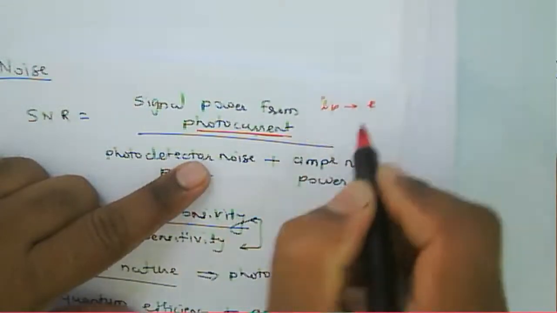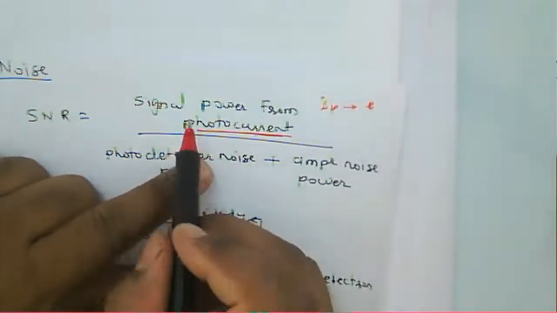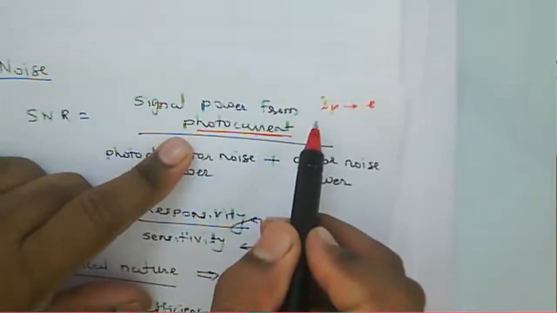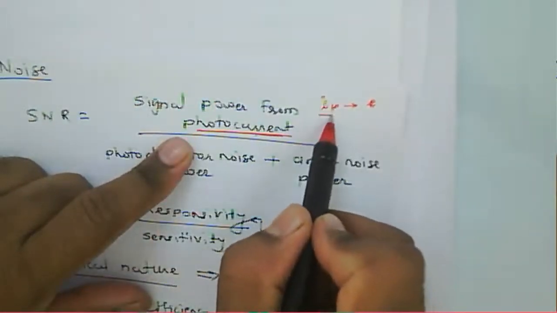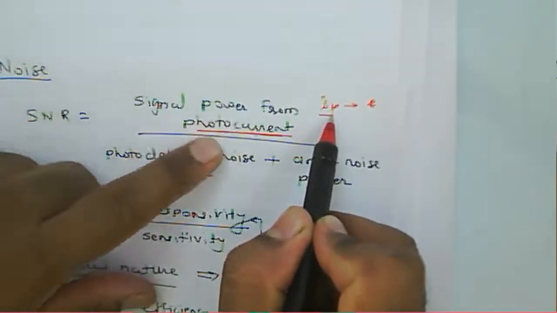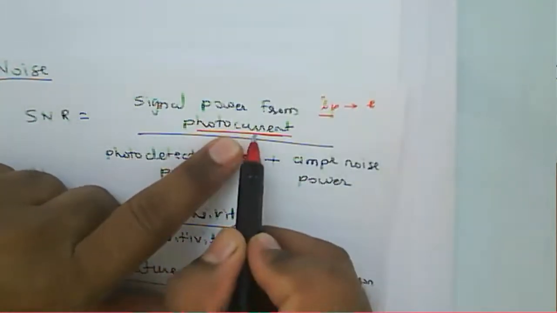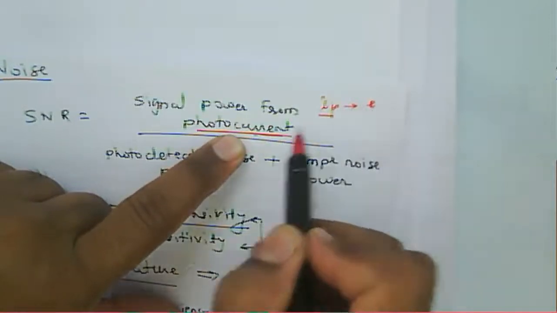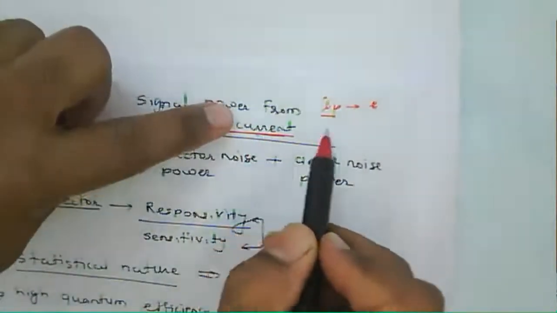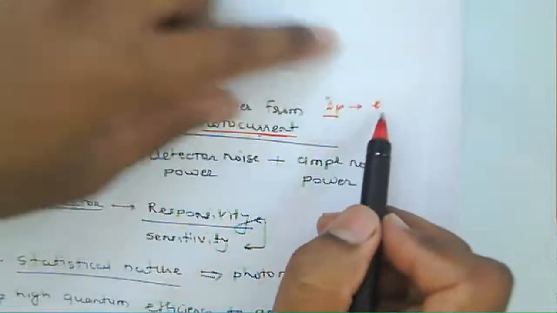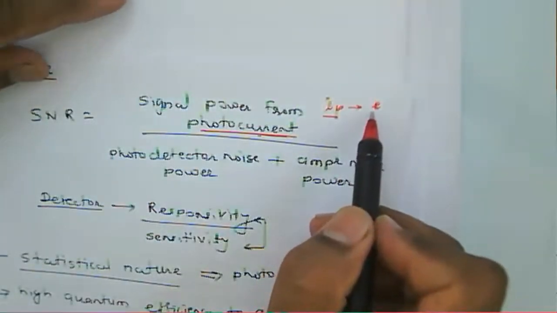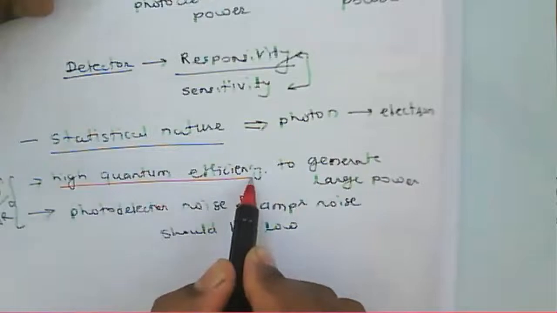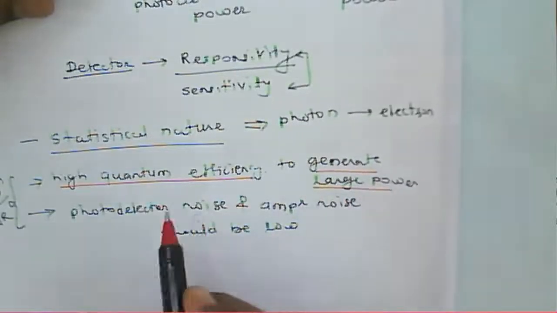How will they flow? Because a photon will generate the electron hole pair, so that's why it will generate that current. If there is a large number of electron hole pair generation, then the photocurrent will be large. A large number of electron hole pairs are generated when we have high quantum efficiency. So that's why high quantum efficiency will generate a large power.